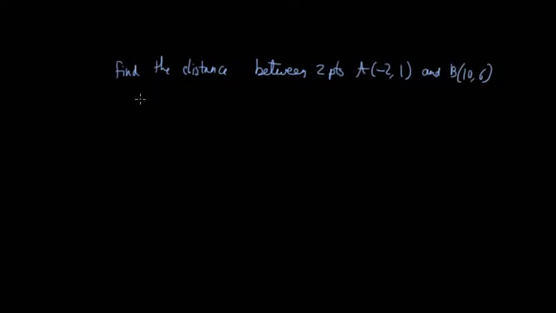So let's start off by making a really rough diagram of what that looks like. This doesn't need to be accurate, you just want to get an idea of what you're dealing with. The x's could go from -2, then 1, 2, 3, 4, 5, 6, 7, 8, 9, 10, and the y's are going to be 1, 2, 3, 4, 5, 6.